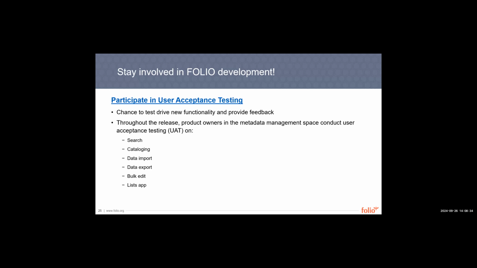And in the metadata management space as a whole, not just search and browse, POs are creating feedback forms, posting them to Slack, and every area of source, of course, search, cataloging, data import, data export, bulk edit, and lists. So please, if you have a chance and you'd like to, we'd love your feedback in the UATs.